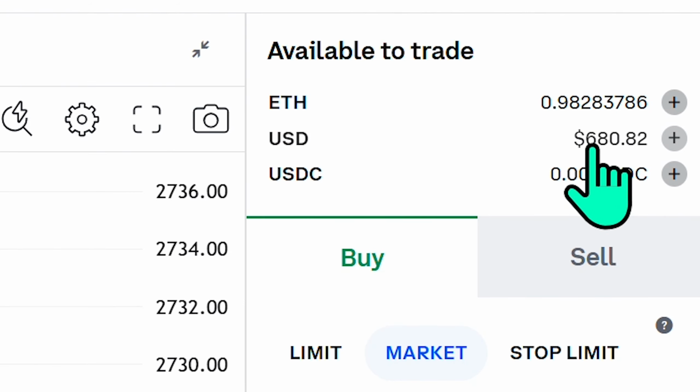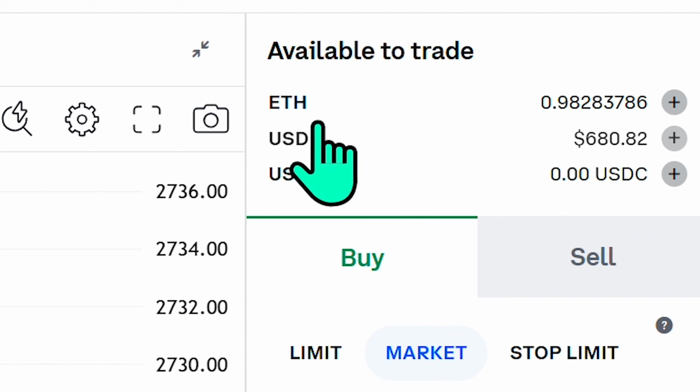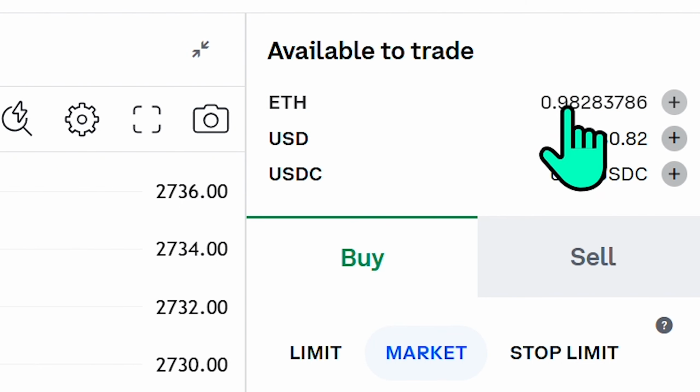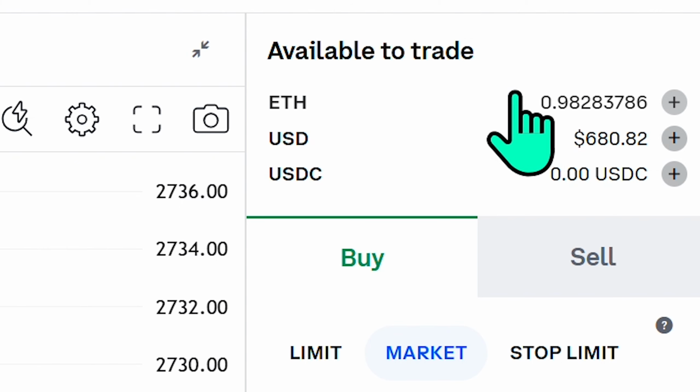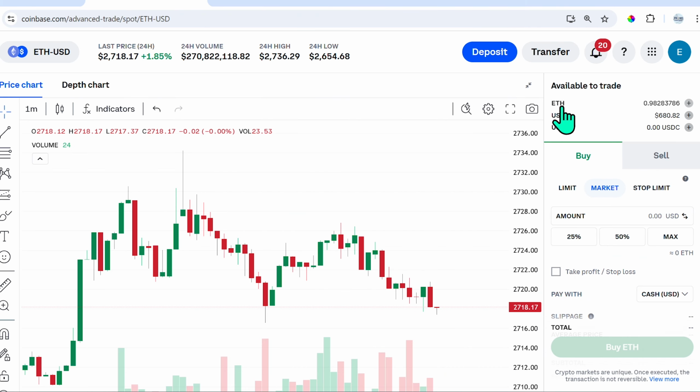Something important to point out is that you will see that available to trade, I have $100 less in USD. That makes sense because I spent $100. But over here where it has Ethereum available to trade, you will see that it's actually not reflecting the amount that I purchased. Why is that? That's not fair. I purchased it. It's mine. Why did the value not go up for ETH?